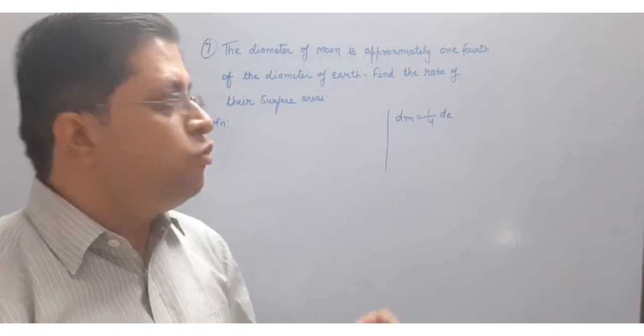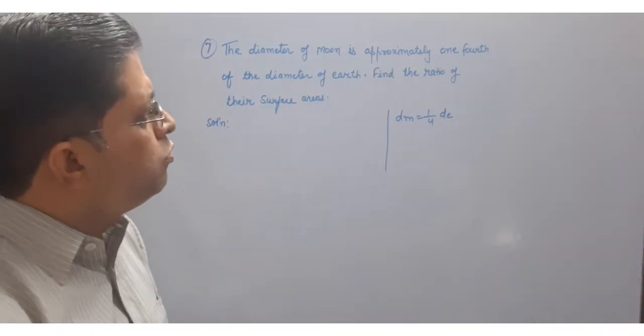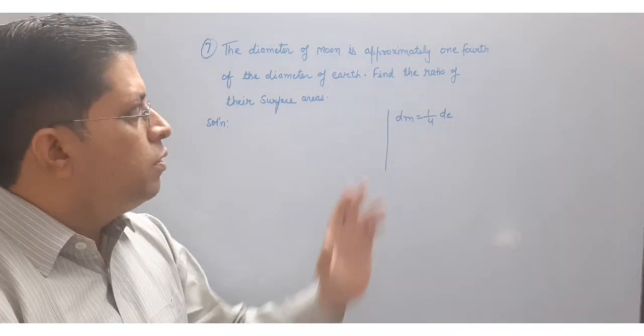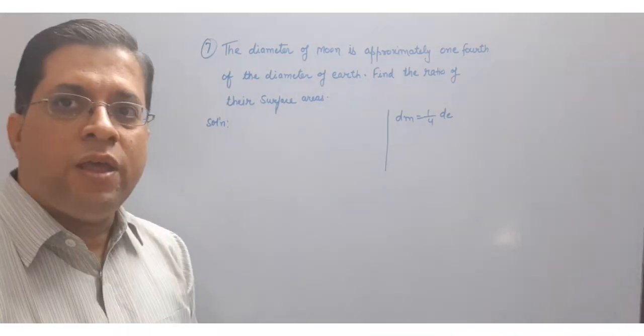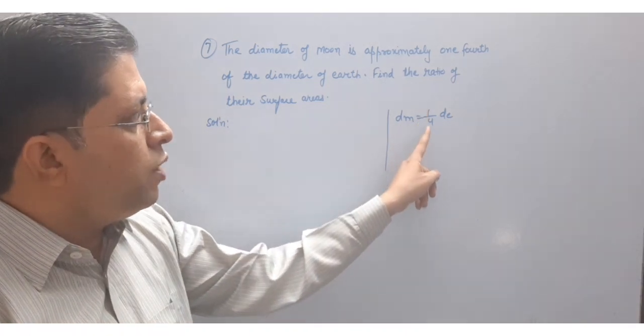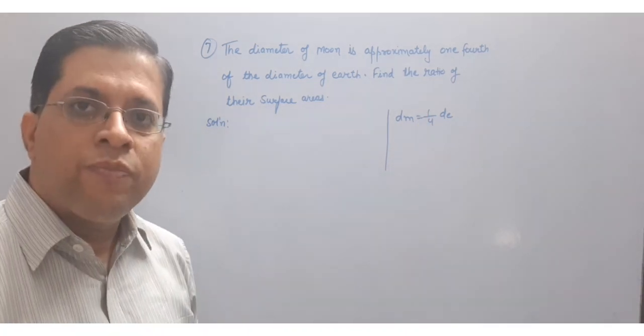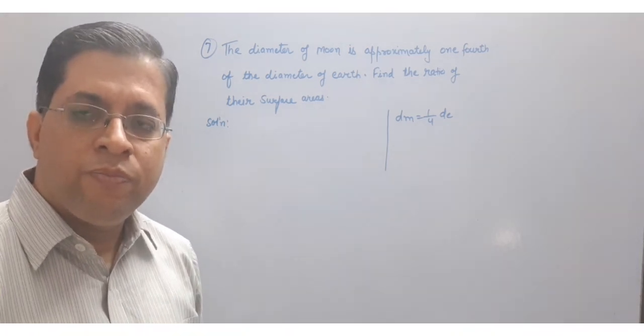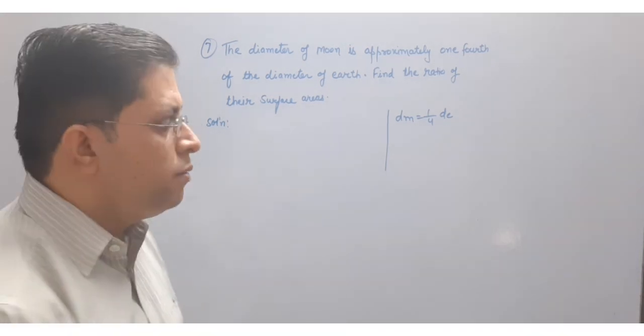Yes. Now the next question is, the diameter of moon is approximately 1/4 diameter of earth. Find the ratio of their surface areas. Okay. What is given? Diameter of moon equal to 1/4 diameter of earth. Okay. If diameter is given, then what will be radius? Diameter will be 2 into r.